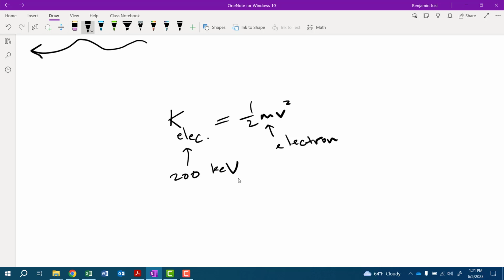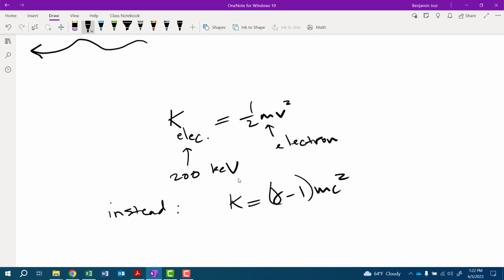You might try it just to see how much different it is from the real answer. Instead, you need to use this formula. Kinetic energy is gamma minus 1 times mc squared.